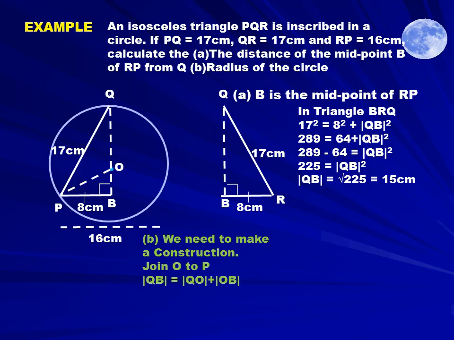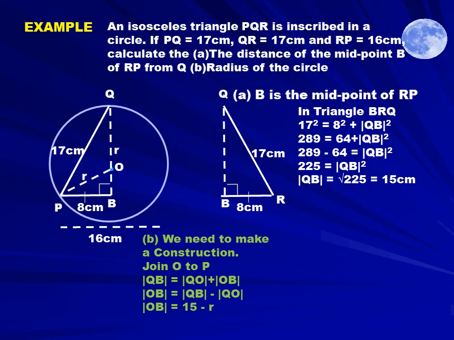Now QB is equal to QO minus BO, so OB is actually QB minus QO. Now QO is a radius, and OQ is also a radius.